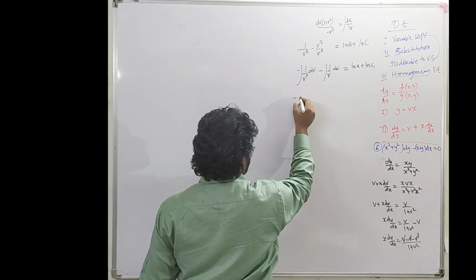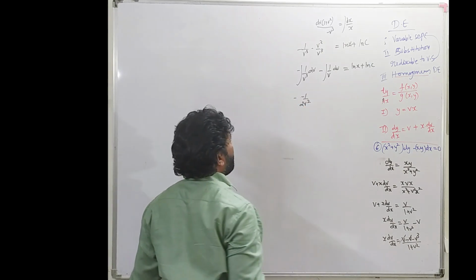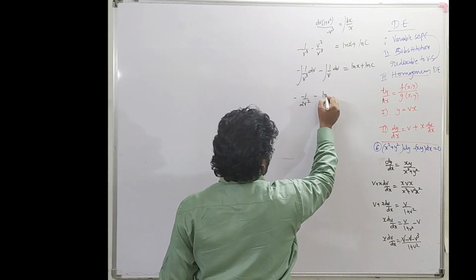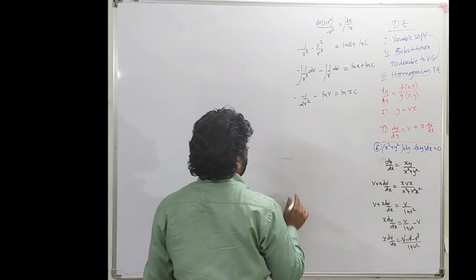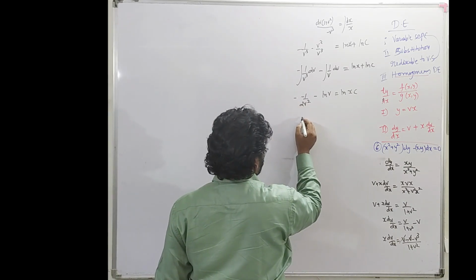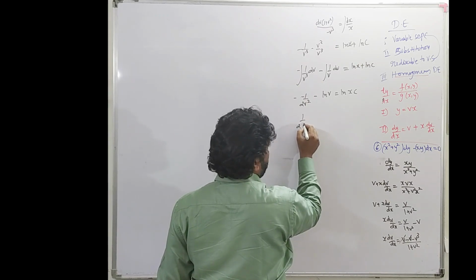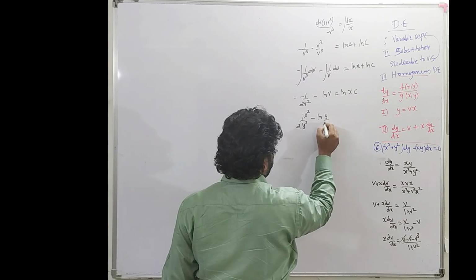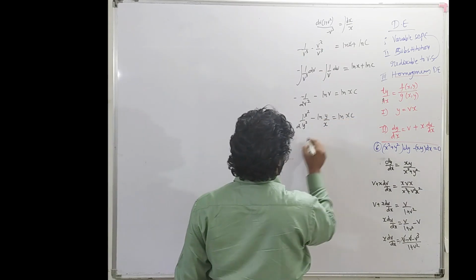So integration of this would be minus 1 upon 2v square, and this would be minus ln v is equal to ln xc. So this thing gets cancelled, minus minus plus, and v will be equal to y square by x square. Minus ln y by x is equal to ln xc.